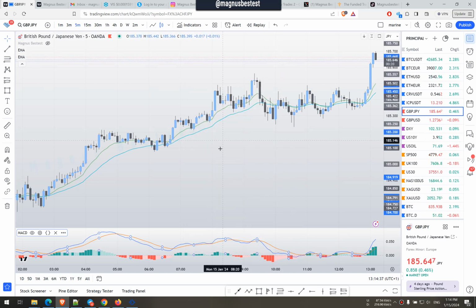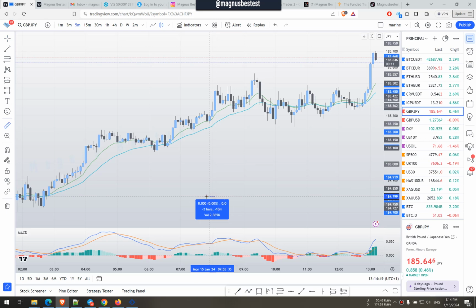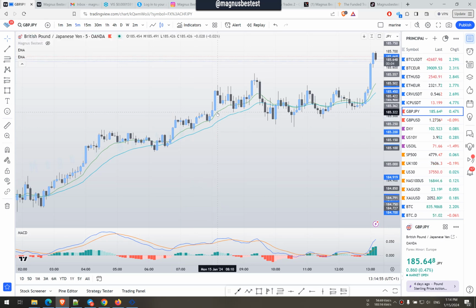Basically the average of the past 9 bars of this distance, of the MACD line.